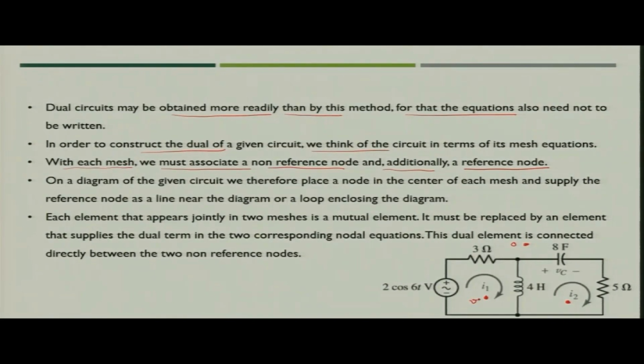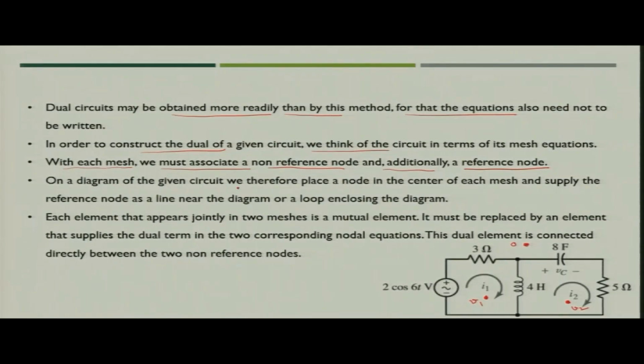Let us say the voltages are V1 and V2. By inspection you can say there would be two non-reference nodes, because there are two meshes, plus you need one additional reference node.